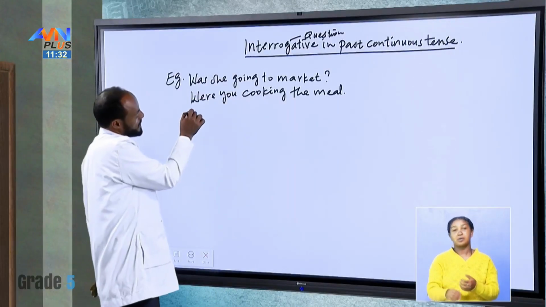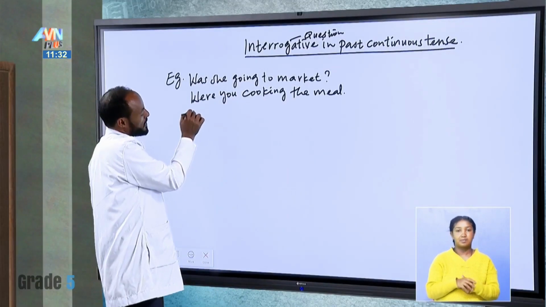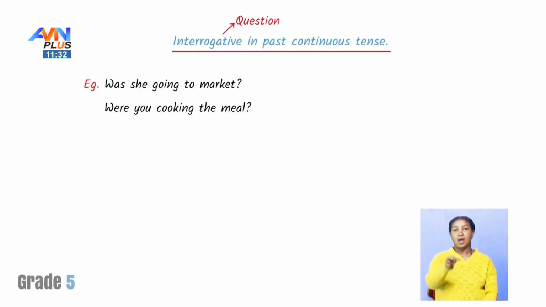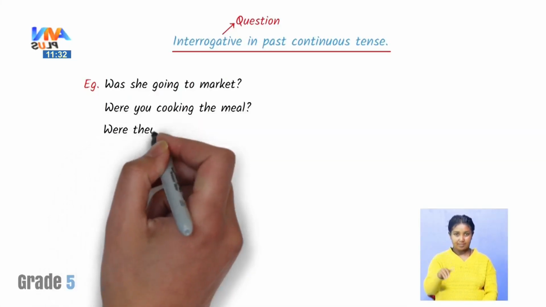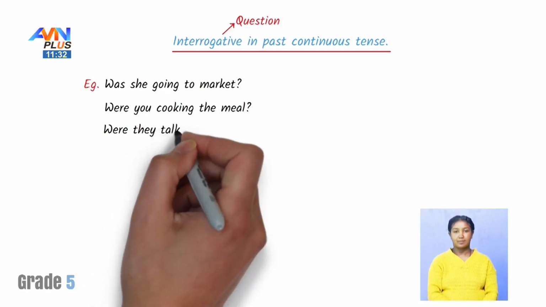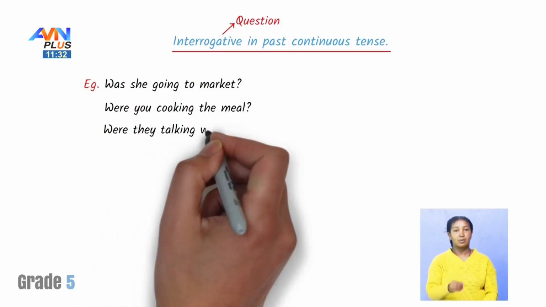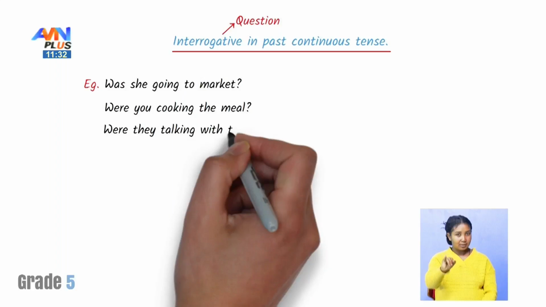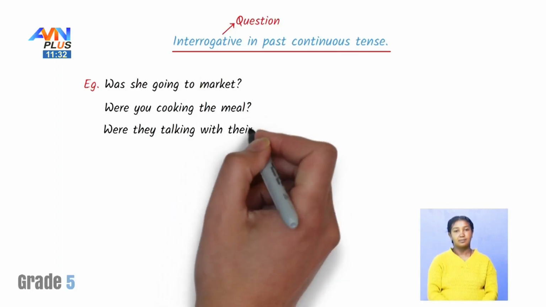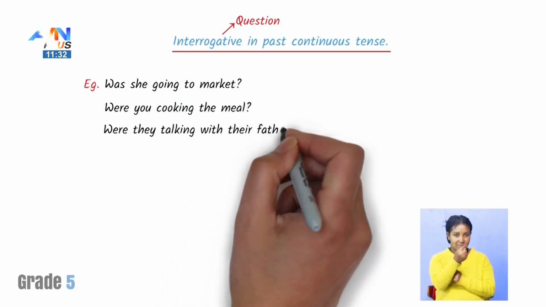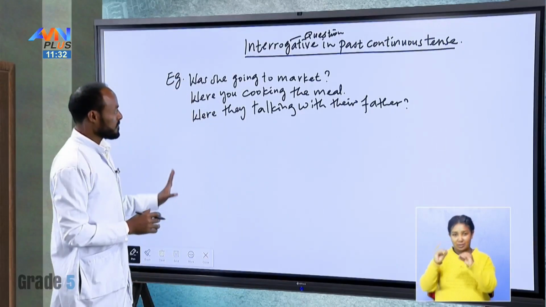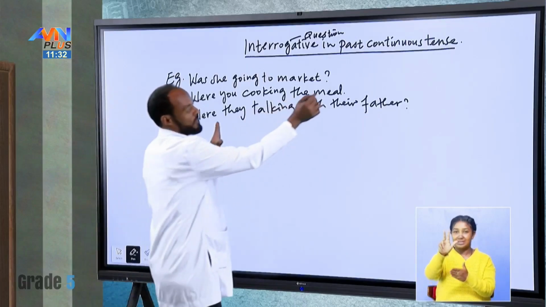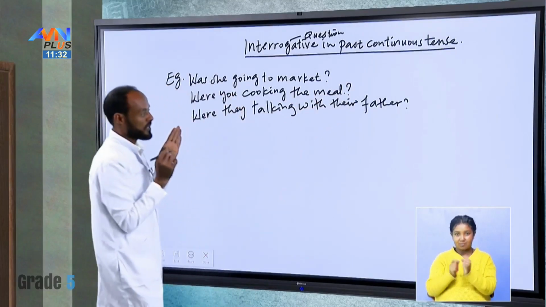Another, maybe you can say here, were they talking? Were they talking with their father? Look, students. Now here are three examples. It should be full. Question mark.